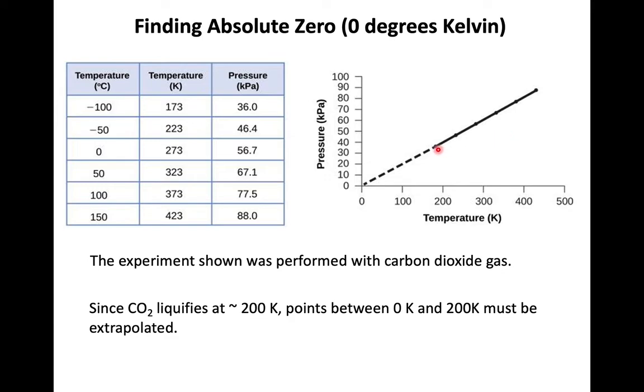I want to mention here that the lowest temperature we can in fact go with carbon dioxide is around 200 Kelvin, because below that temperature it liquefies, so we have to extrapolate down to absolute zero. But we can get a good number of points for a fit above the 200 Kelvin, and therefore we feel good about extrapolating our line down to 0 Kelvin.